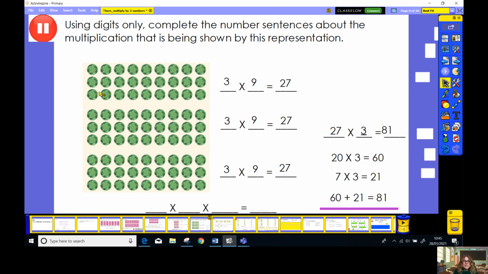So now we know how many joules there are altogether. There are 81 joules. So our calculation should be 3 times 9 times 3 equals 81. Mark your answer now to see if you have got that correct. If you haven't, have a look back and see where you've gone wrong.